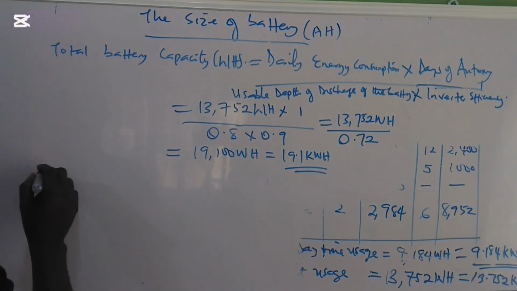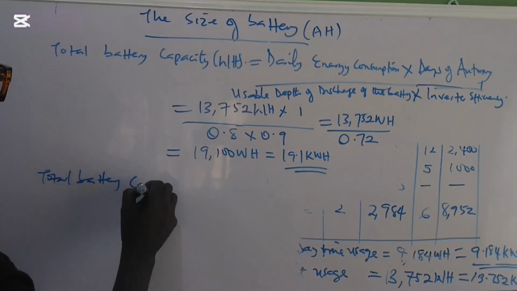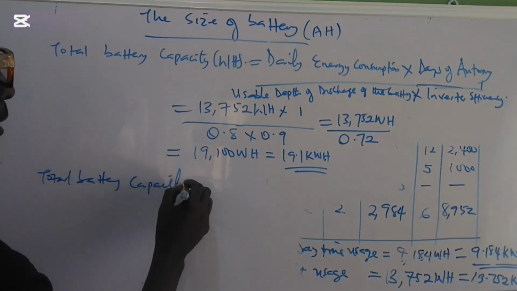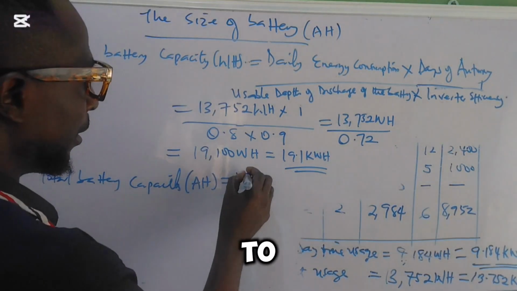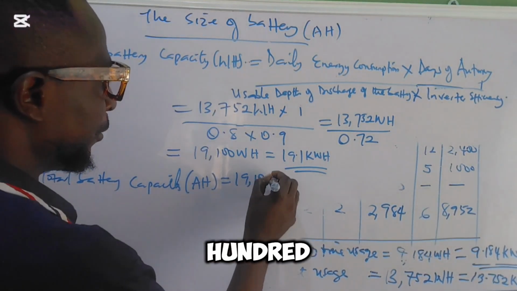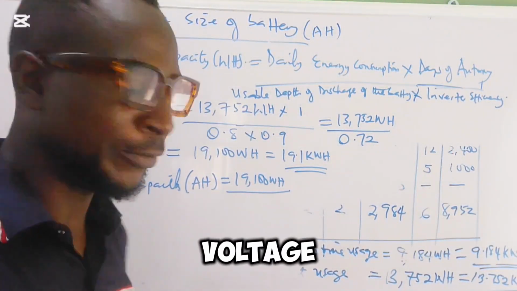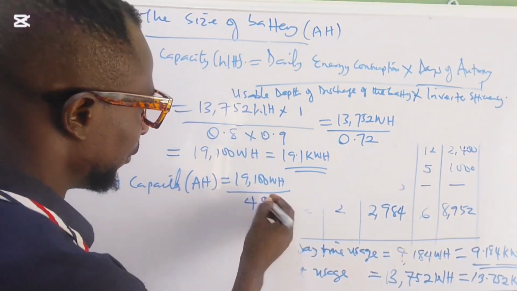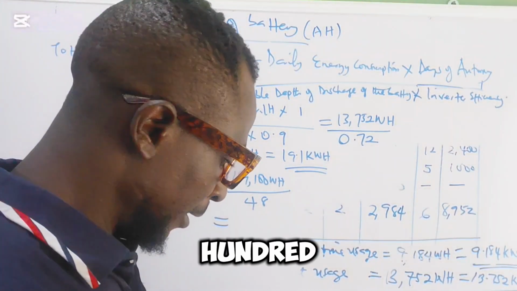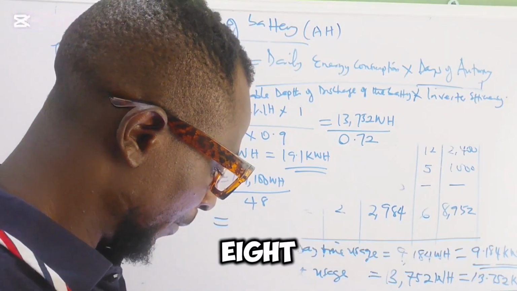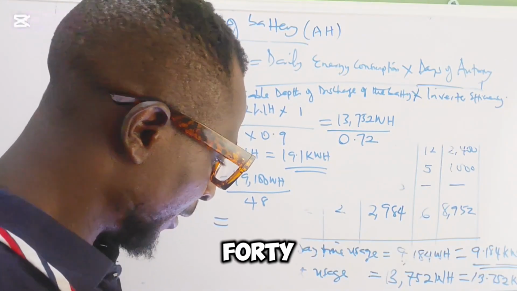So the total battery capacity in ampere hour is equal to 19,100 watt hour divided by the nominal voltage of your inverter, which is 48. So 19,100 divided by 48.